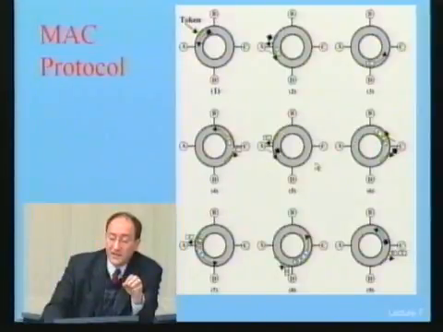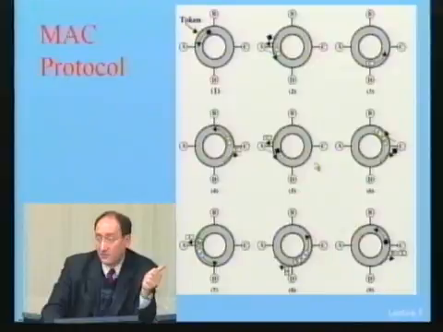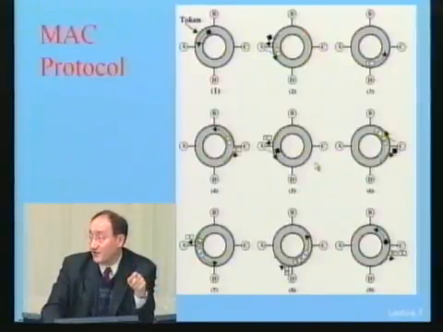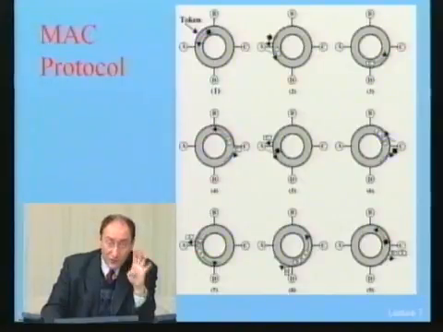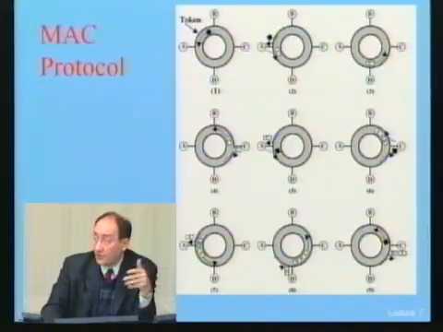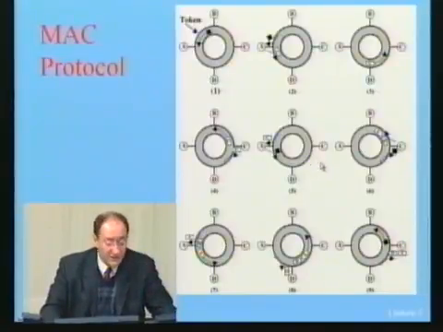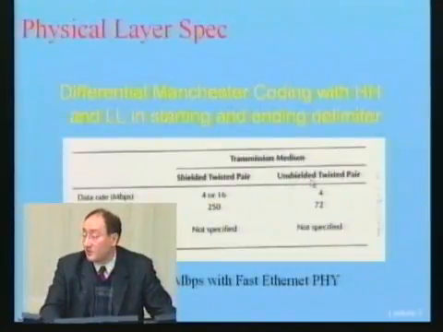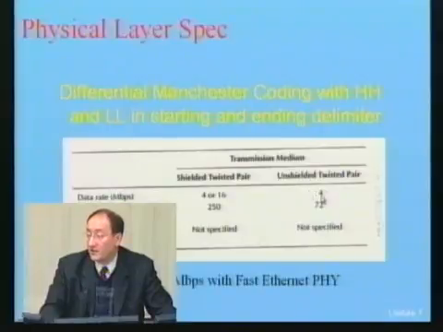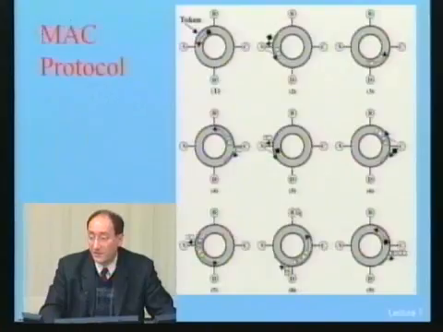The only thing is that I have high and low, and my data rates are different. If you notice, the data rate of 4 megabit per second is less than 10 megabit per second for the environment that we talked about, the shielded twisted pair and unshielded twisted pair. In the 802.3, you can provide 10 megabit per second there.